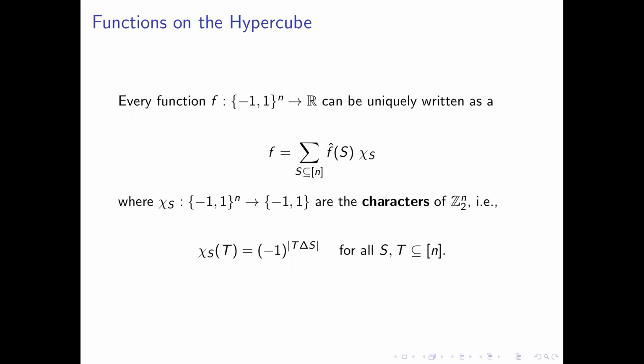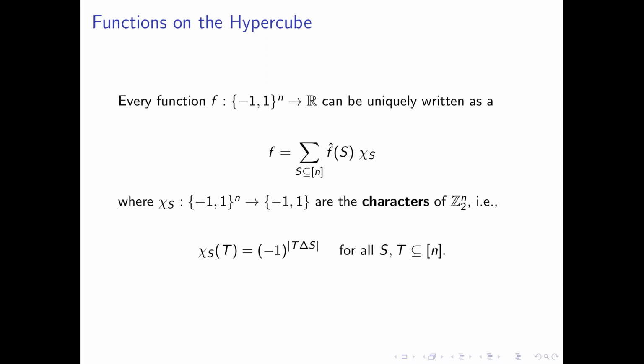These chi_S are characters, and famously these characters are indexed by subsets S of [n], using the bracket notation for an n-element set. There's a definition for the characters in case we've forgotten.